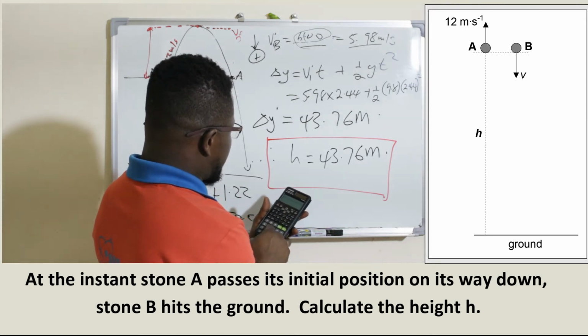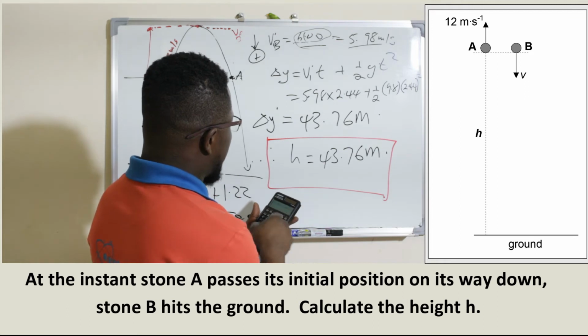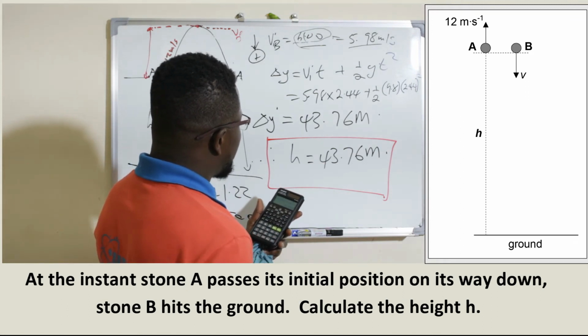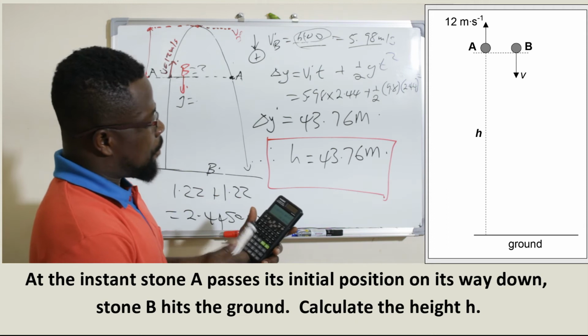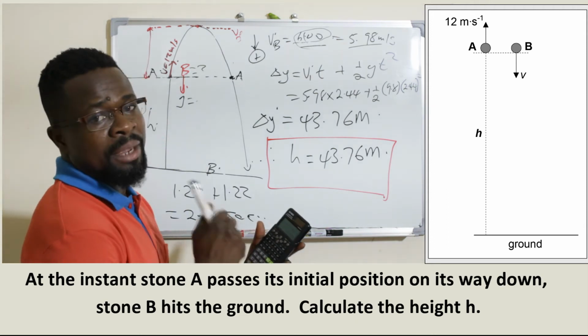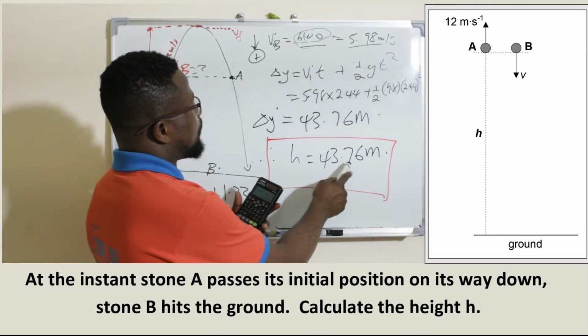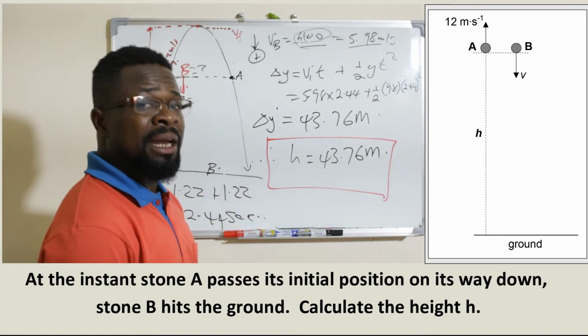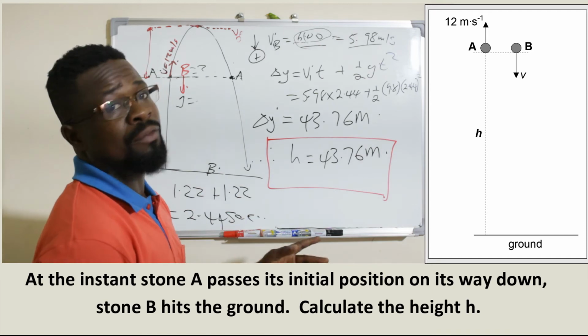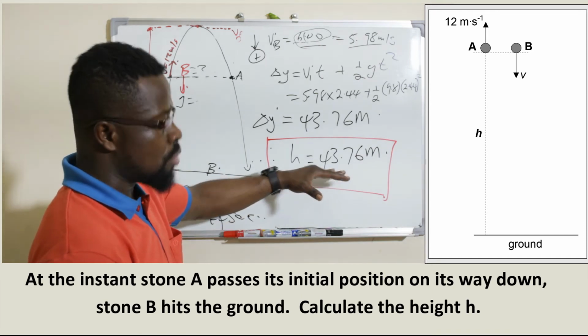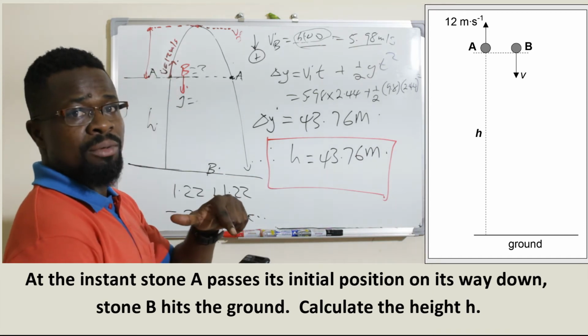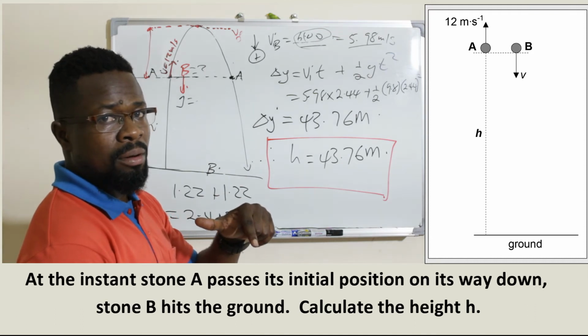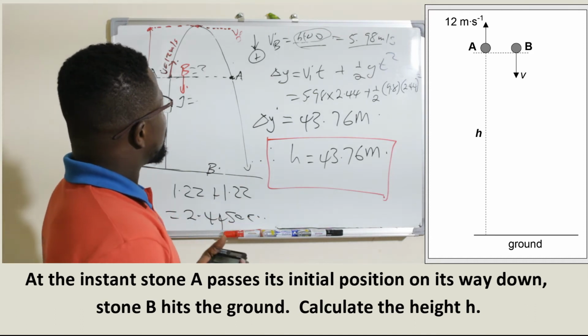If I put 6.00 in place of that, we're going to have 43.81, and this is 43.76. And that is why I'm saying the examiner will definitely give a kind of range. So if you have this value or this value, you'll still be correct.